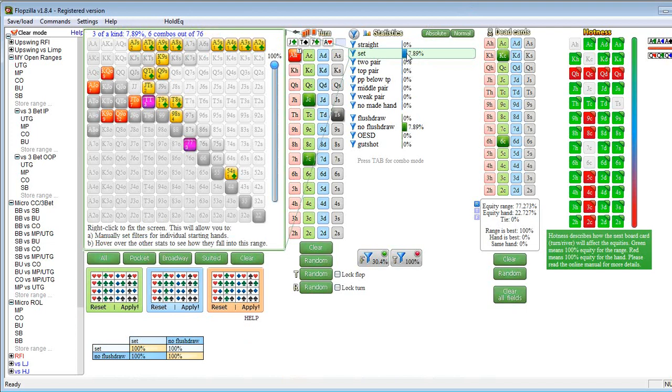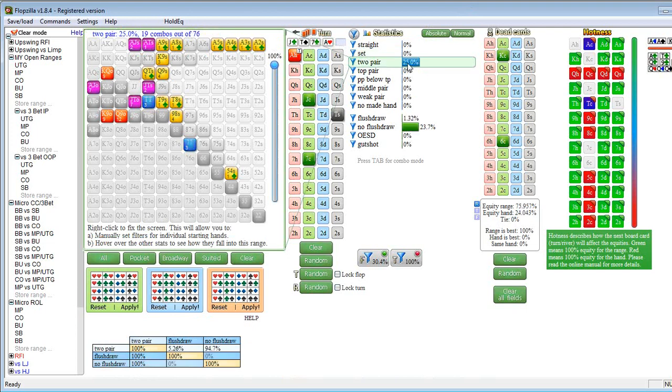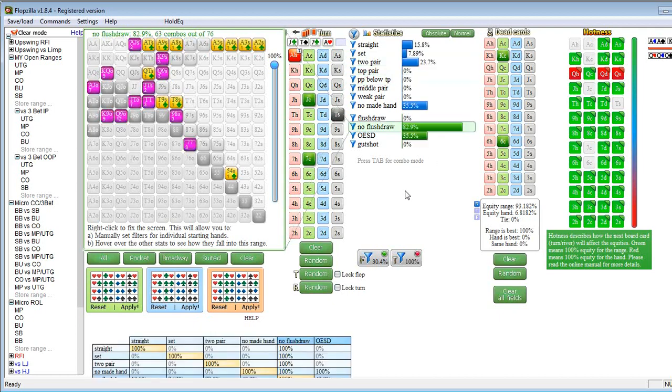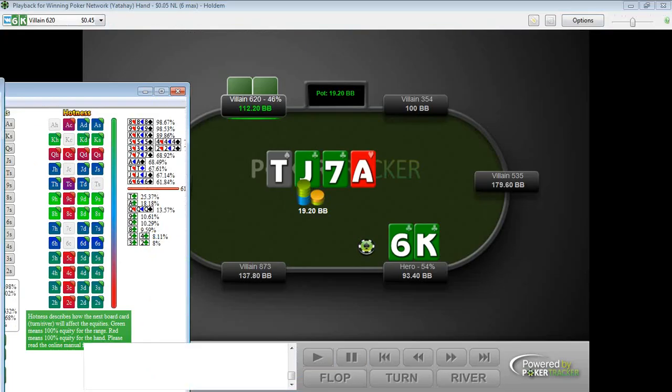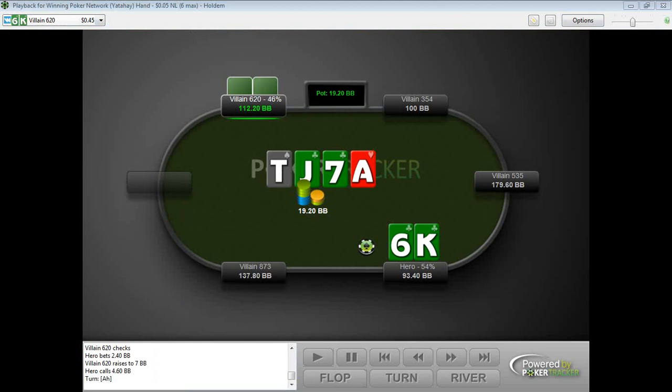He's got sets, of course, still. He's got some more two pairs as well. If he had raised us with ace jack, he now has two pair. Now, of course, he has hit top pair as well. And he still has those flush draws as well. So he has us very well beat here.